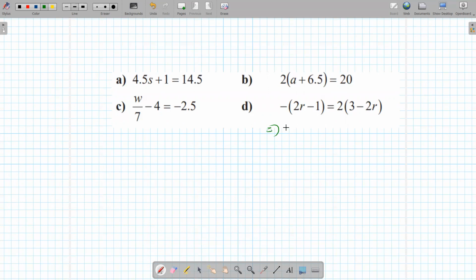Negative 2r minus 1. It's not gonna be minus 1, it's gonna be plus 1. Yeah, what about on the other side? 6 minus 4r.